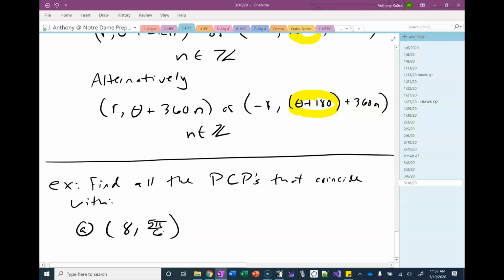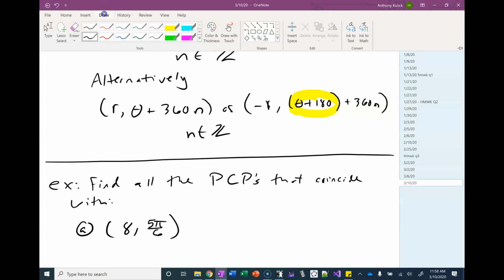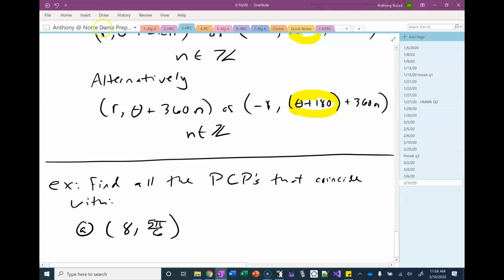So PCPs here is just polar coordinate points. So I want all the polar coordinate points that correspond or coincide, excuse me, with this point.